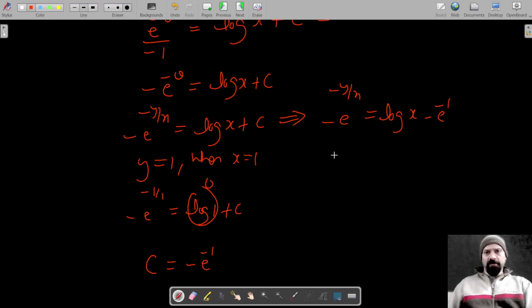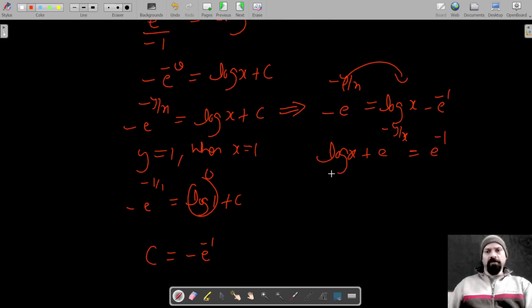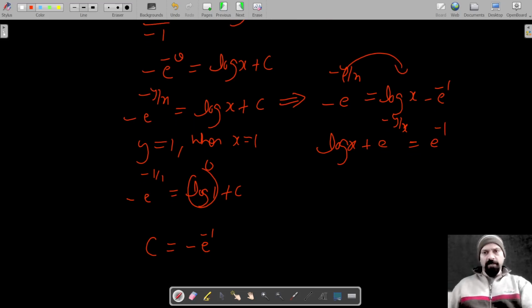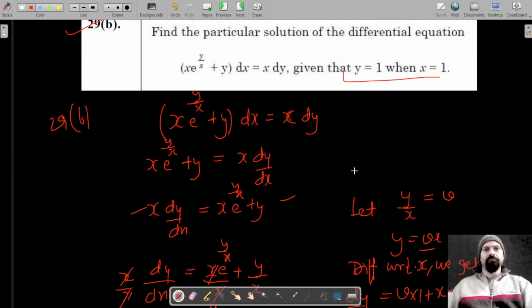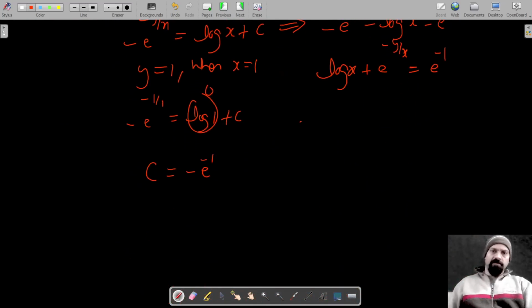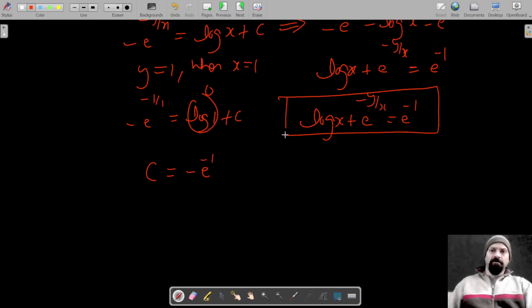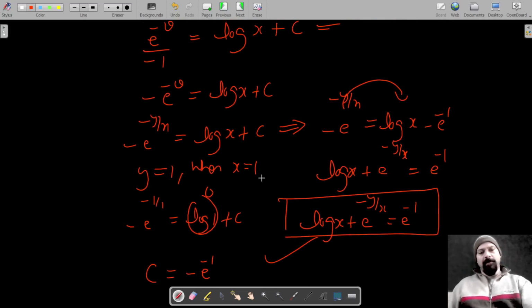Let's change the sides. So I can write it as log x plus e raised power negative y by x, take this to this side and change the sign, is equal to e raised power negative 1. So log x plus e raised power negative y by x is equal to e raised power negative 1. So this is the particular solution of the equation.